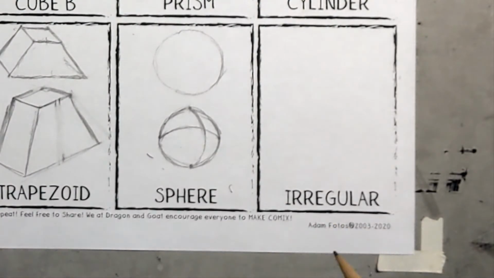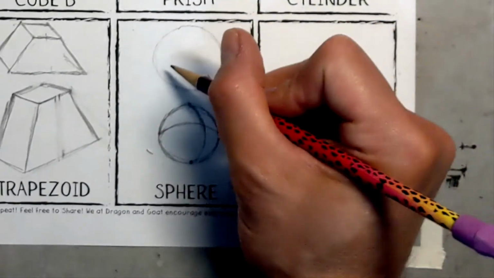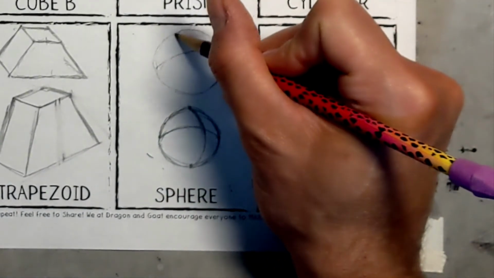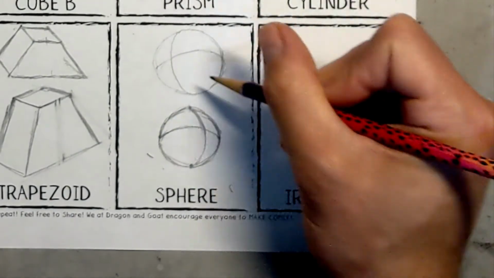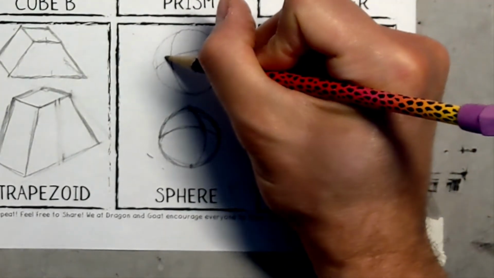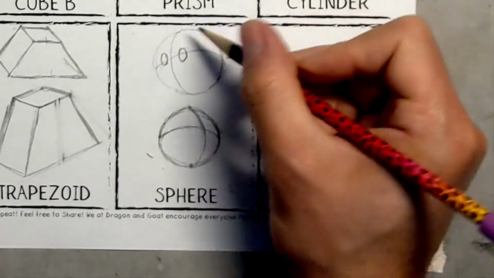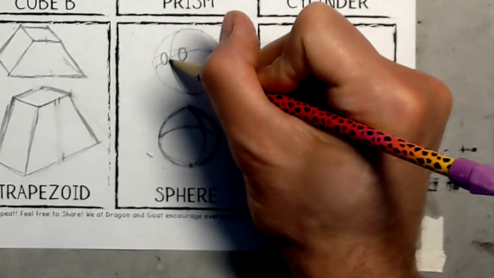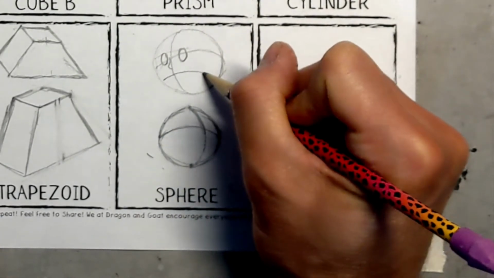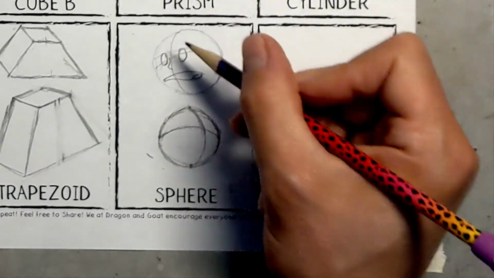Now the other ways that you can get the sphere to look more round is if you have a line here and a line here. Maybe you want to use this as the base of your character head. I wouldn't want to leave those lines there, but think about how the eyes are arranged on this line, or even the mouth curves on that line, and that could help you create a more three-dimensional character.